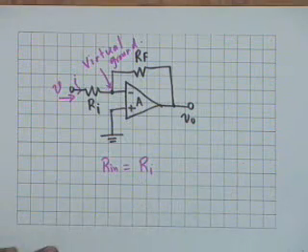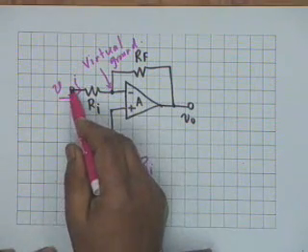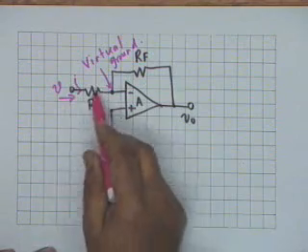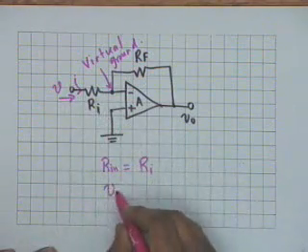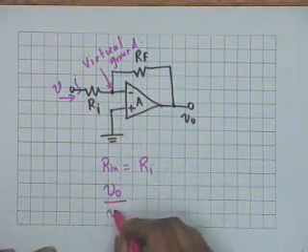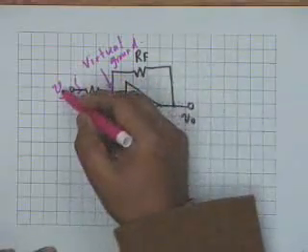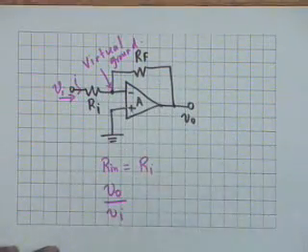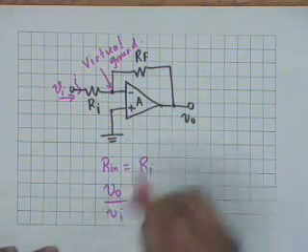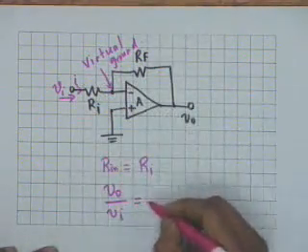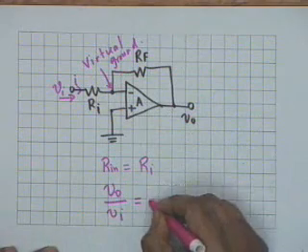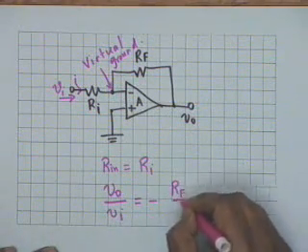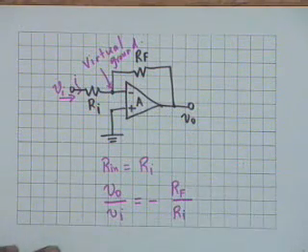The input resistance as faced by a source connected here shall be equal to this, and V0 by Vi, let us call this Vi, V0 by Vi, which is the gain of this configuration. We showed that this is equal to minus Rf divided by Ri.